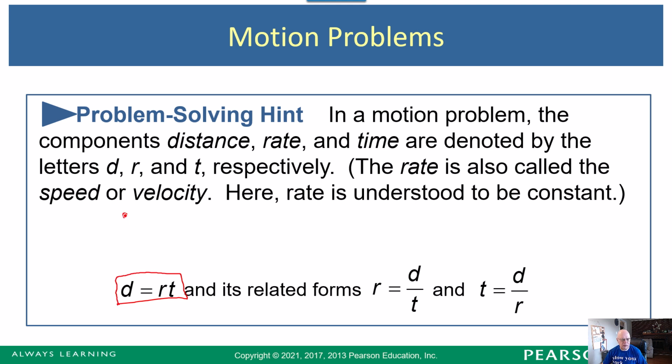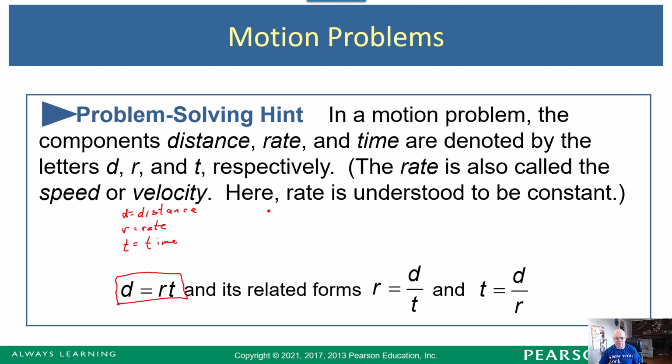So make a note, D equals distance, R represents the rate, that'd be like miles per hour or feet per second or meters per second, whatever, and T will be the time. And that time, depending on the actual problem, might be in seconds, minutes, hours, even days or years.